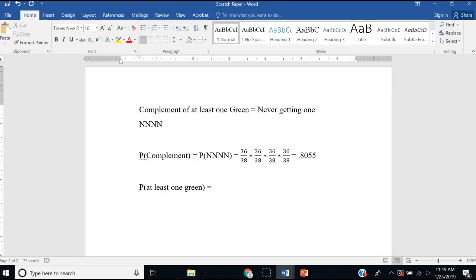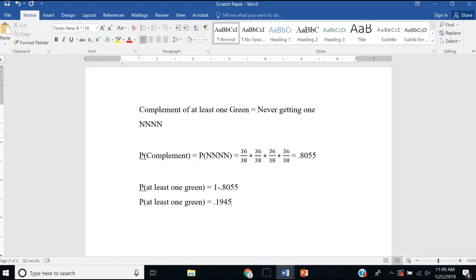So the way we can calculate it is we can take 1 minus 0.8055, and what that does is it ensures that this probability, the probability of at least 1 green, plus the probability of the complement have to add up to 1. So the probability of at least 1 green is 0.1945. And there you have it.